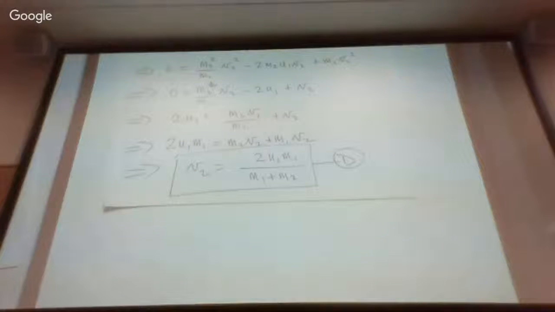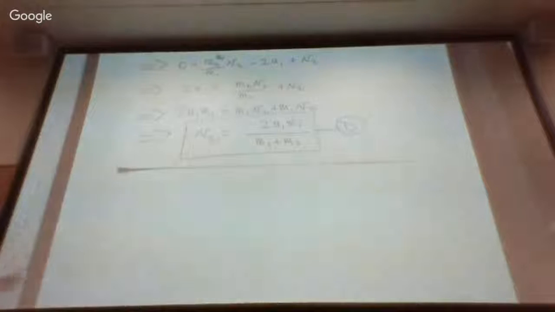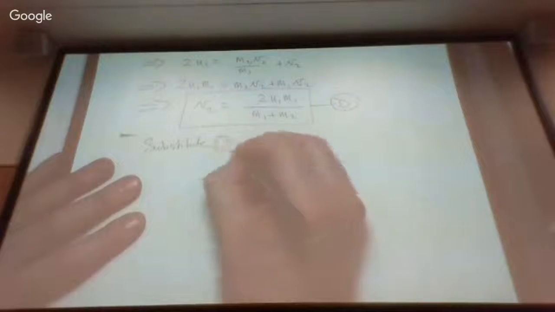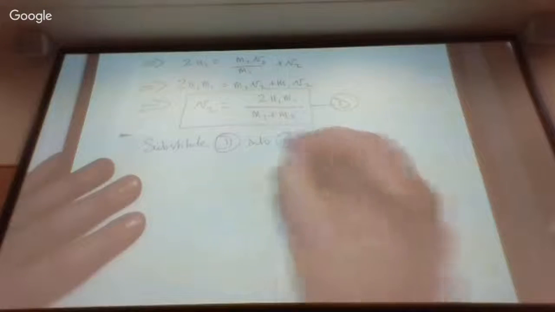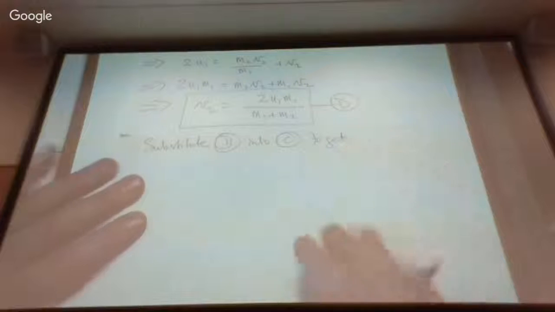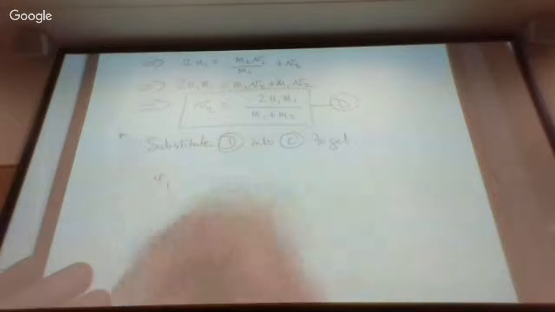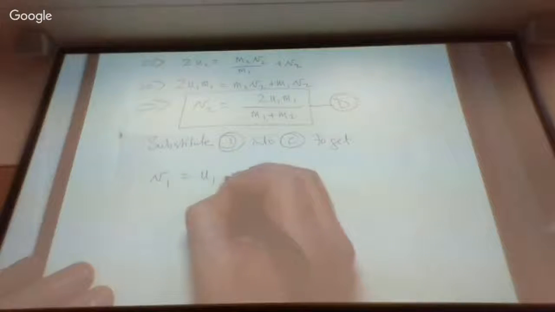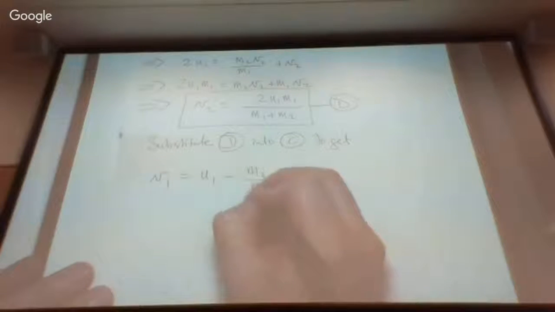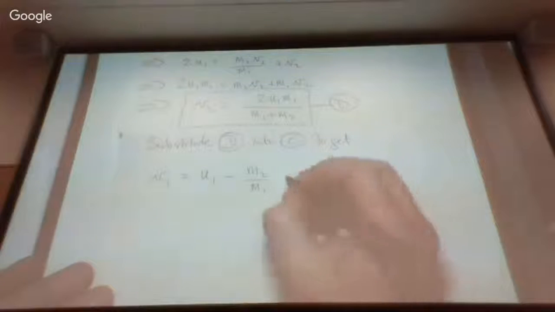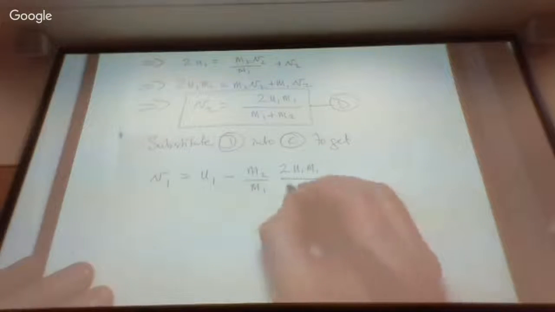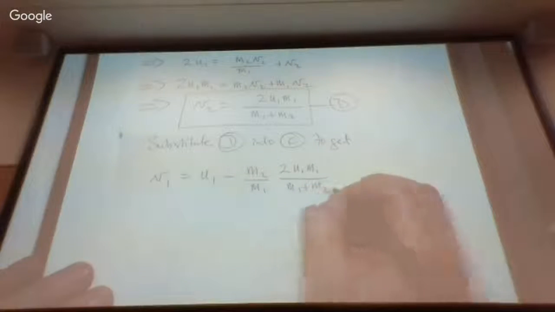Now by substituting D into C, substitute D into C to get a nice equation for V1. You're going to get V1 equal to U1 minus M2 over M1 times V2. But now V2 we've got is 2 U1 M1 over M1 plus M2.